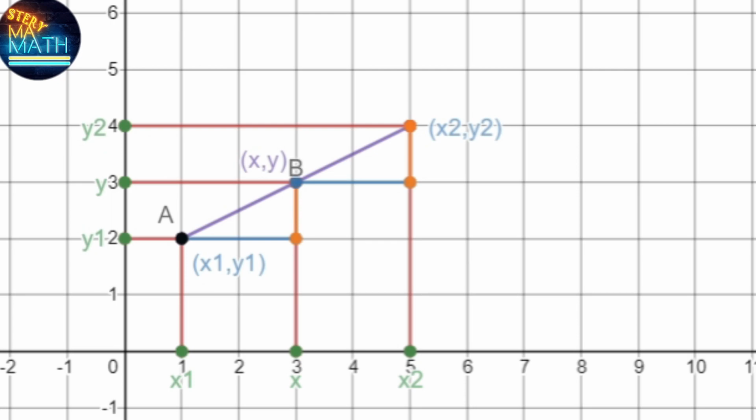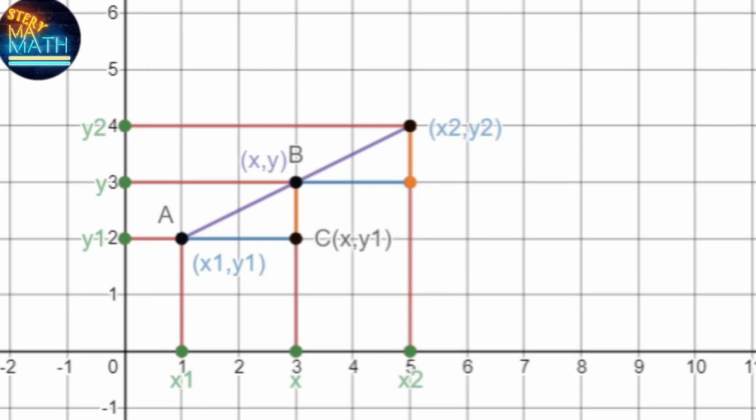So this will be A and this will be B, and this point will be C. Note that the point C is lined up with the point B vertically, so it will have the same x coordinate. And at the same time, the point C is lined up with the point A horizontally, so it will have the same y coordinate.